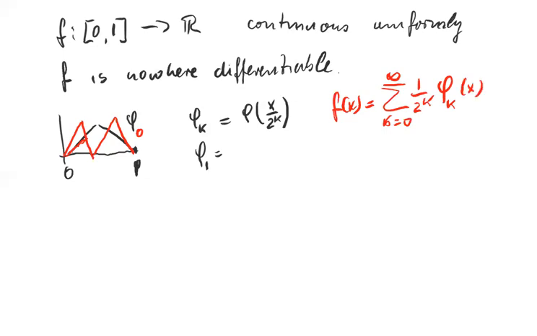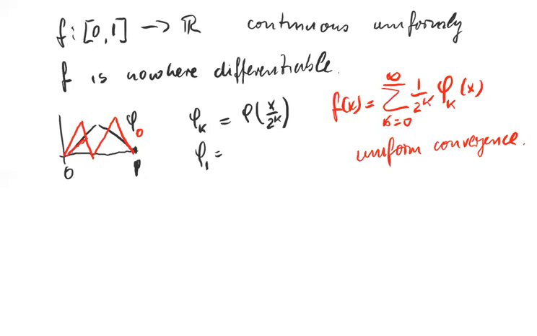Since phi k of x is always less than 1, this sum converges uniformly. You can use the Weierstrass M test. So it's uniformly convergent, and that means the limit is a uniform limit of continuous functions. So it's a uniformly continuous function.